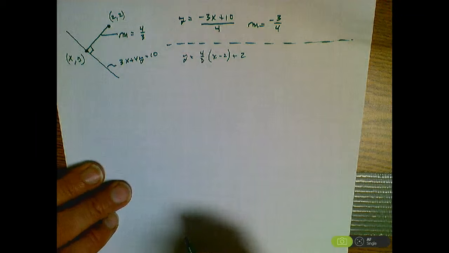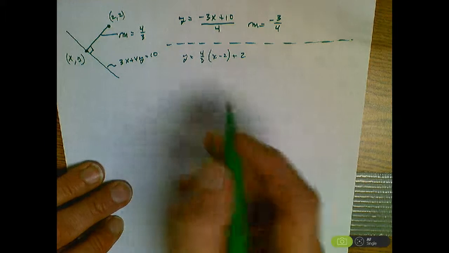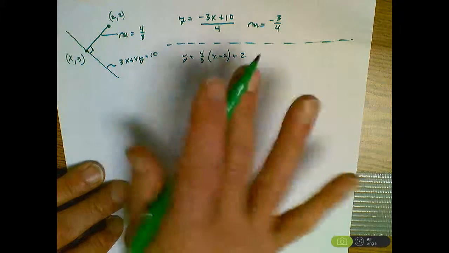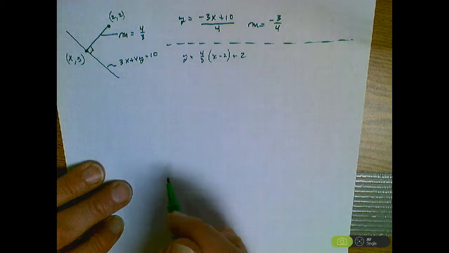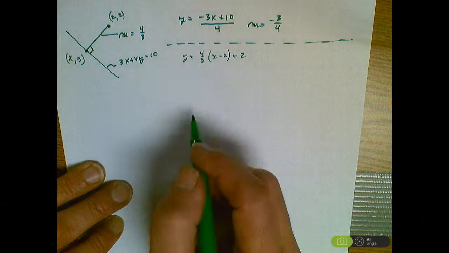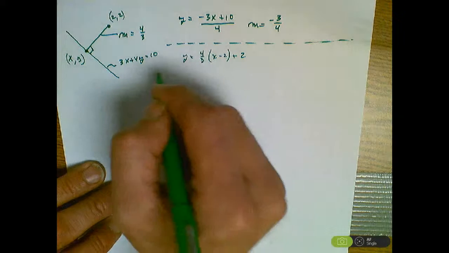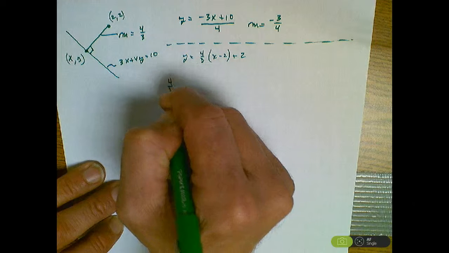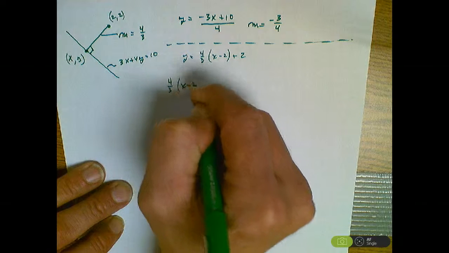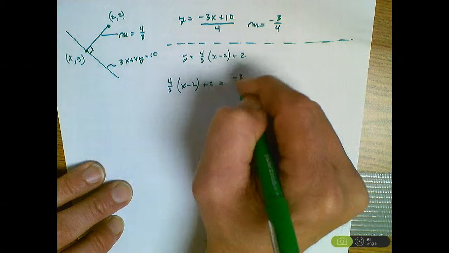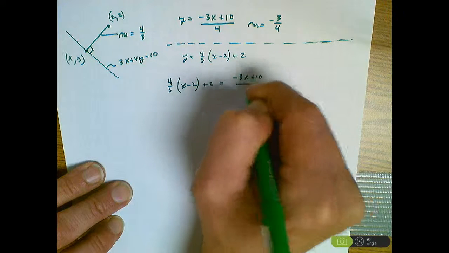Some people might want to put that in slope-intercept form, which might be easier to work with, but let's just leave it alone. Now to find the intersection between these two lines, let's let the rule of substitution help us. Let 4/3 times x minus 2 plus 2 equal negative 3x plus 10, all over 4.